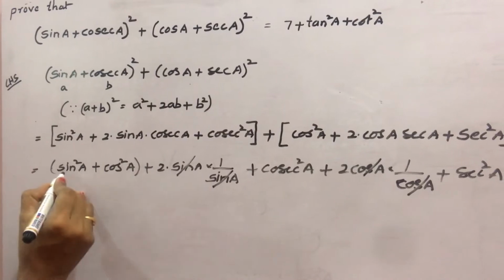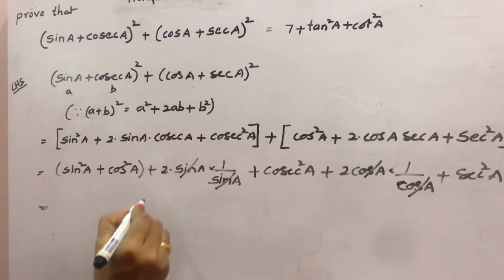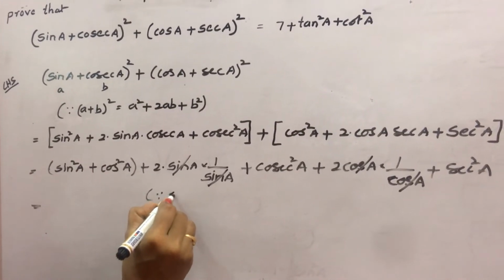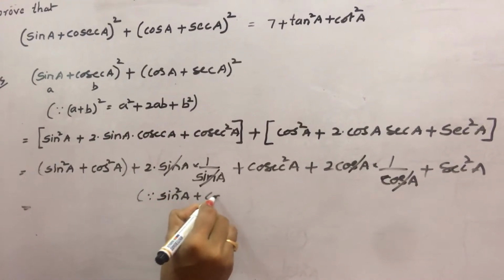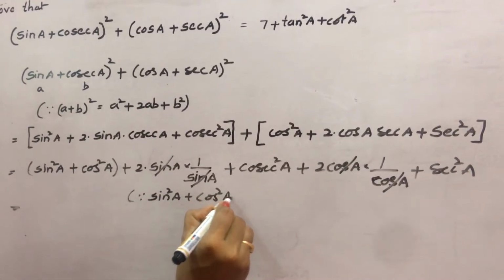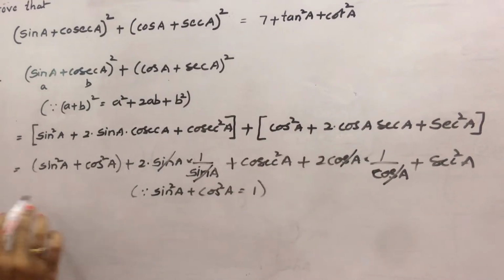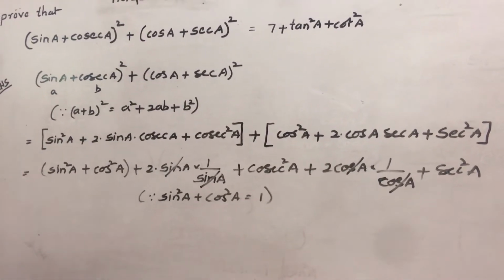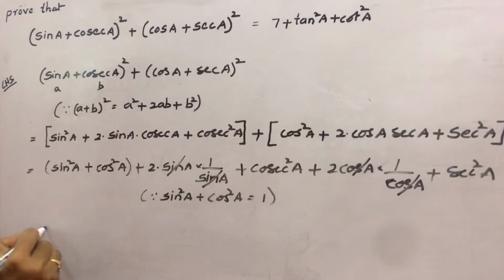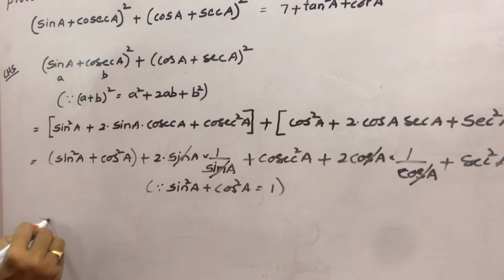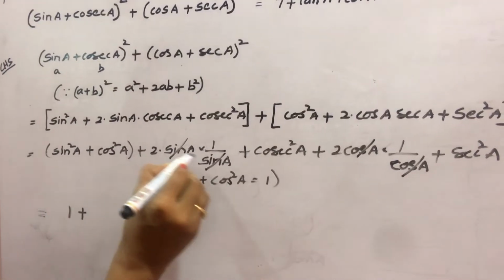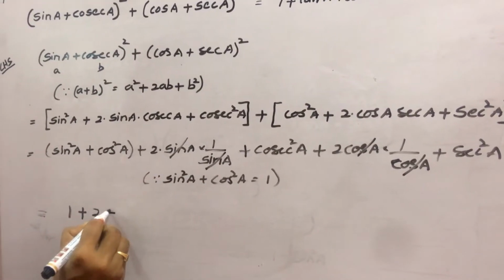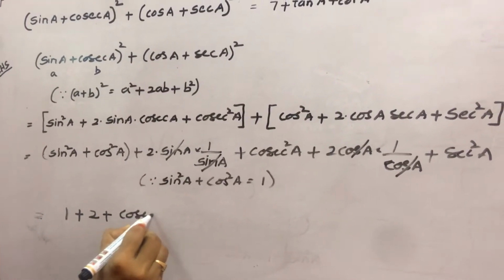See this, sin square A plus cos square A is equal to, we know, 1. This is the trigonometrical first identity. Here I am replacing sin square A plus cos square A by 1. 1 plus 2 into 1 is 2 here, plus what is the remaining function?